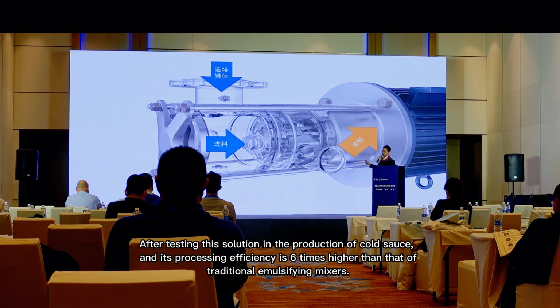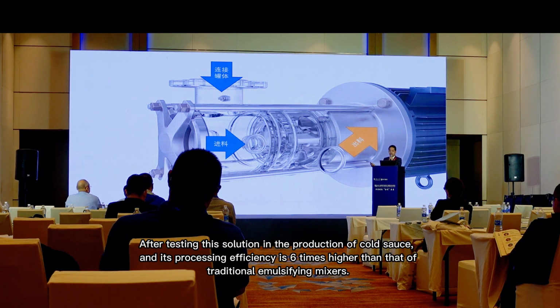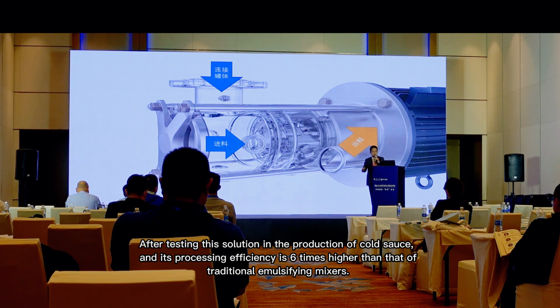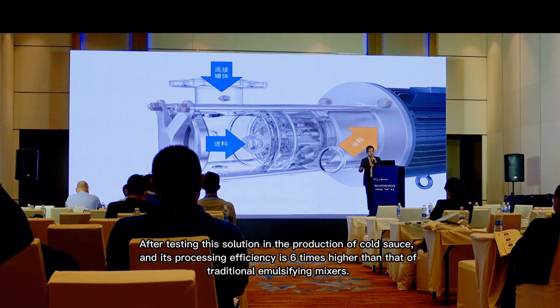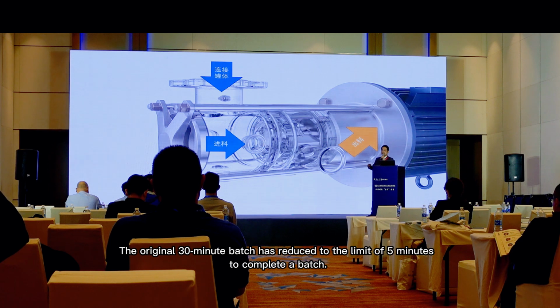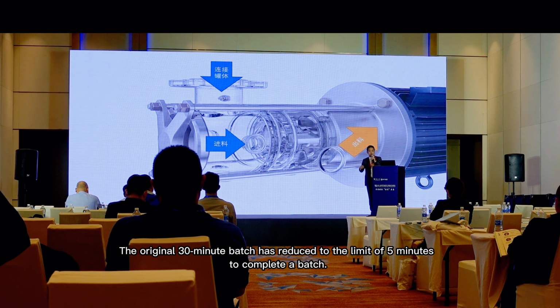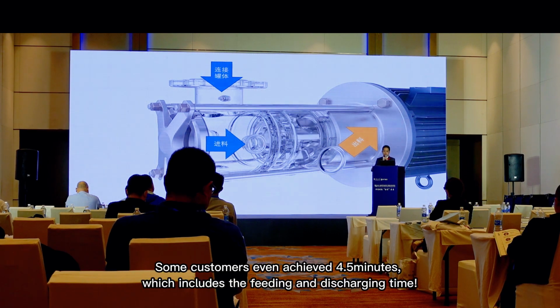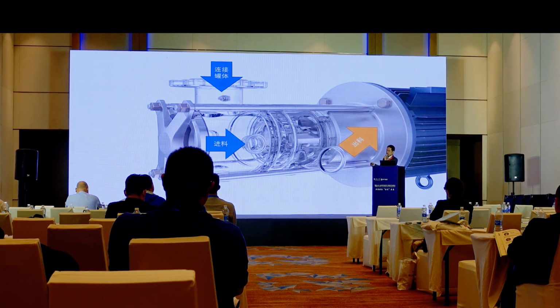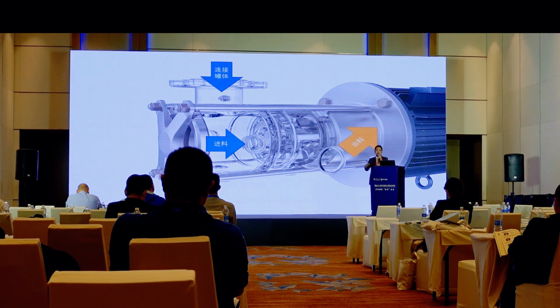After testing this solution in the production of cold sauce, its processing efficiency is 6 times higher than that of traditional emulsifying mixers. The original 30-minute batch has been reduced to the limit of 5 minutes to complete a batch. Some customers even achieved 4.5 minutes, which includes the feeding and discharging time.